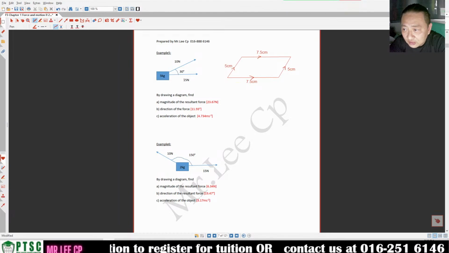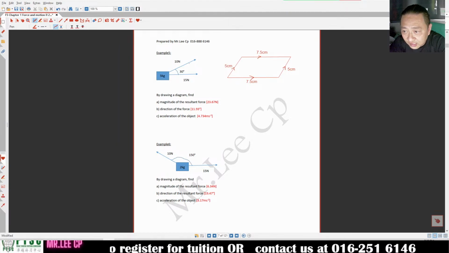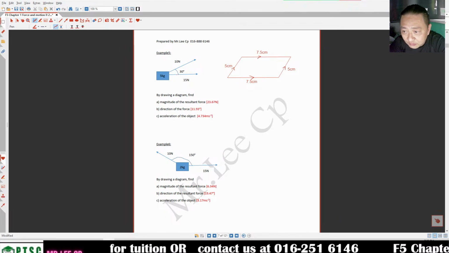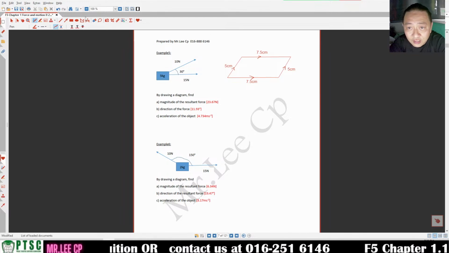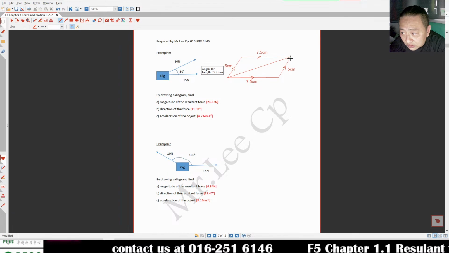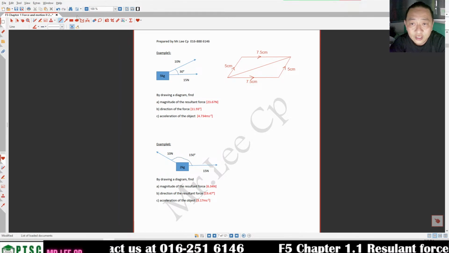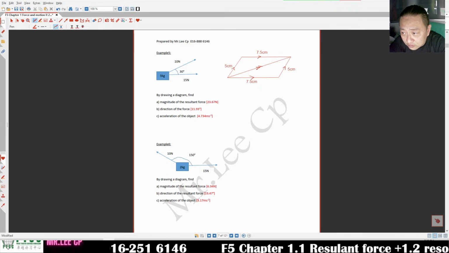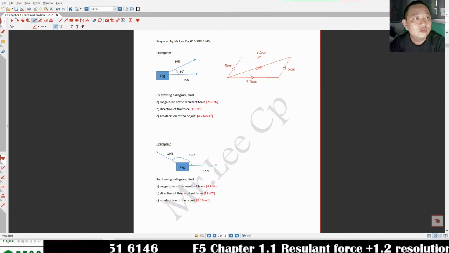All right, you see, this 5 cm represents the 10. This 7.5 cm represents the 15. And this one is your resultant force direction. We normally draw it with 2 arrows here.